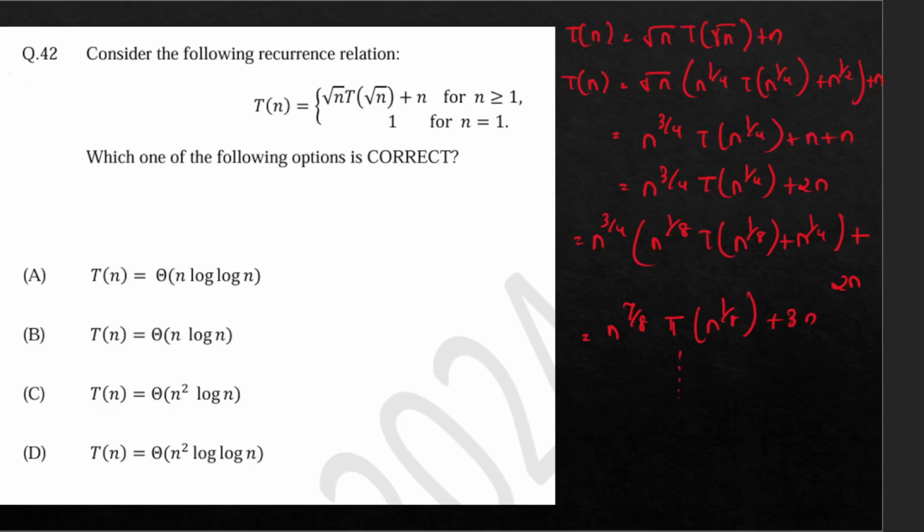And if you substitute this more, what are you going to get? n to the power 1 minus 1 by 2 to the power k. So this is simply n to the 1 minus 1 by 4, or 1 by k we can say. So this is simply 1 minus 1 by 2 to the power k.